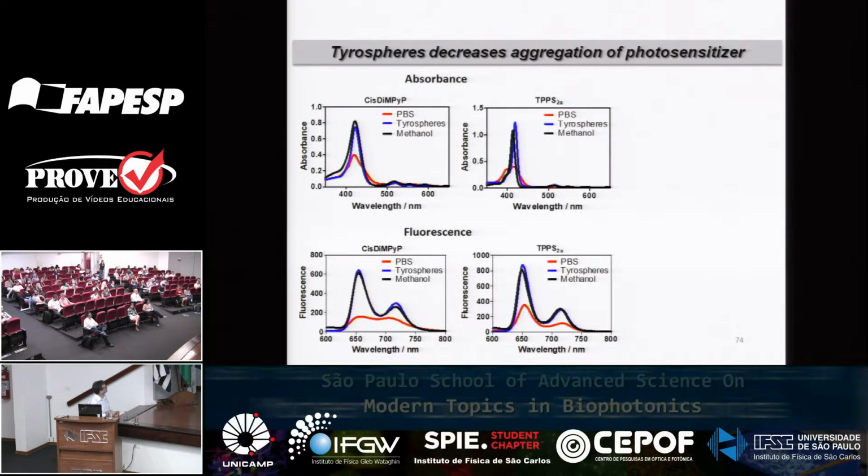You see here the absorption spectra and the emission spectra of these two molecules in methanol and in water. In water it is aggregated. And in tyrosphere, you see that absorption and emission spectra are basically the same as in methanol, showing that there is stabilization of the monomer in this polymer, making a lot more singlet oxygen.